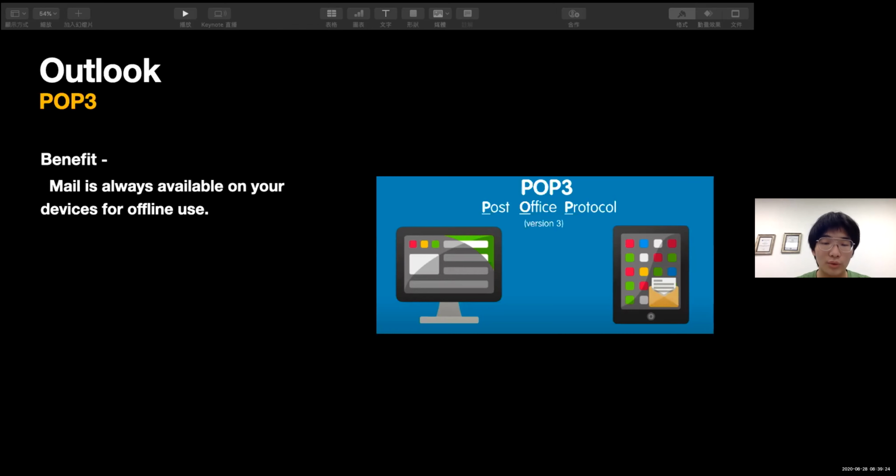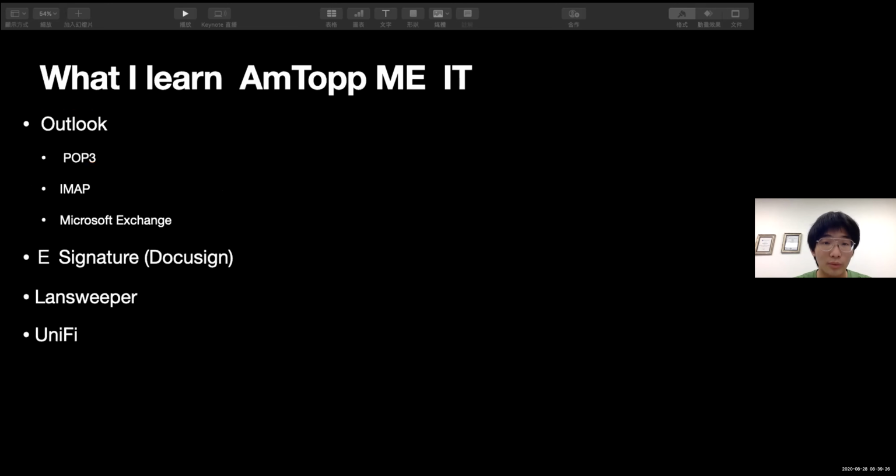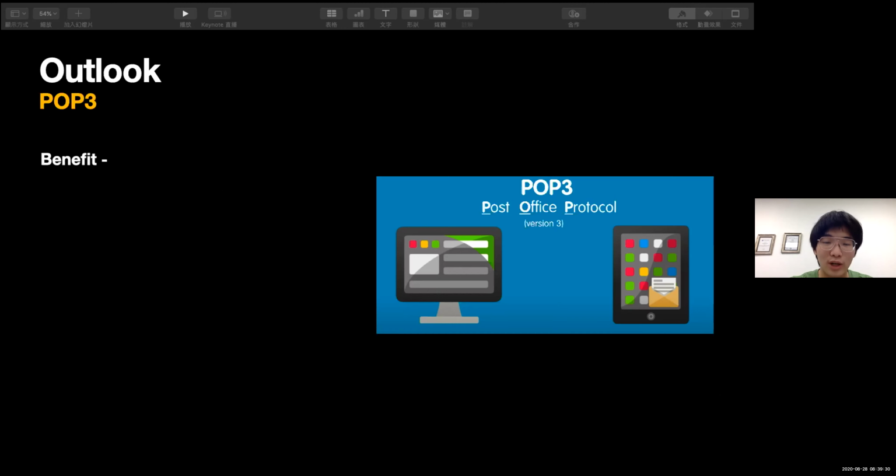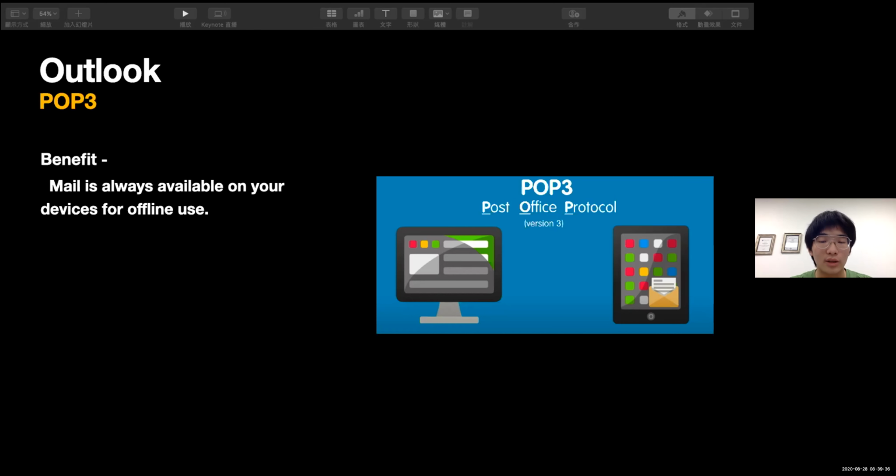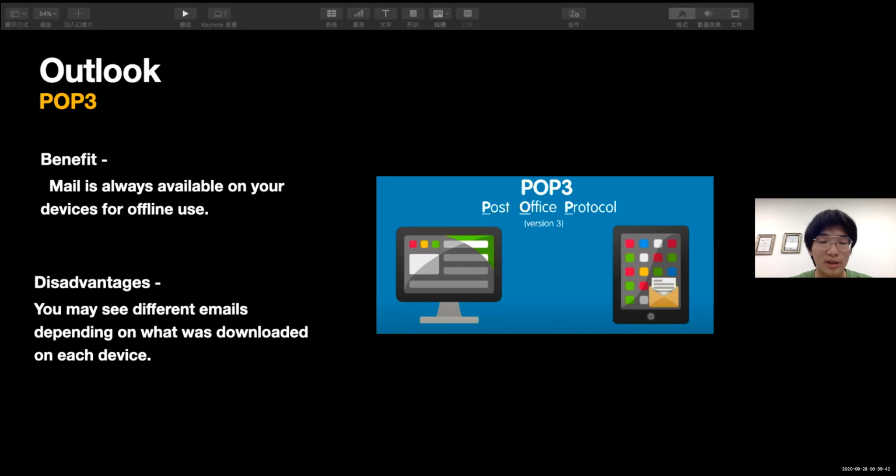If you try to access your email from a different device, the messages that have been previously downloaded won't be available to you. Sent email is stored locally on your PC or Mac, not on your email server. A lot of internet service providers give you email access using POP.